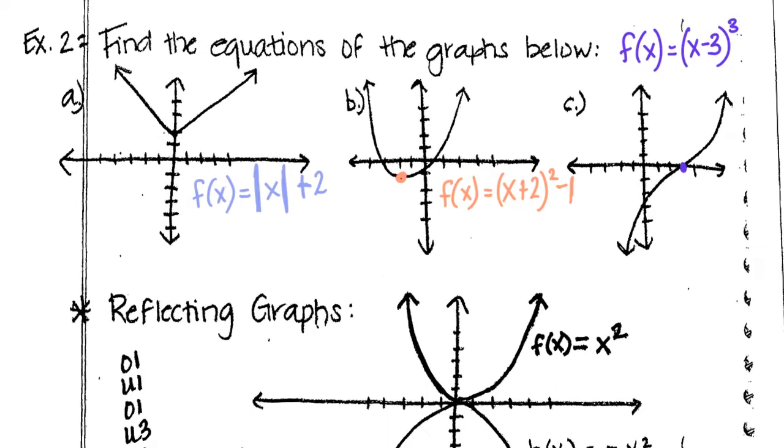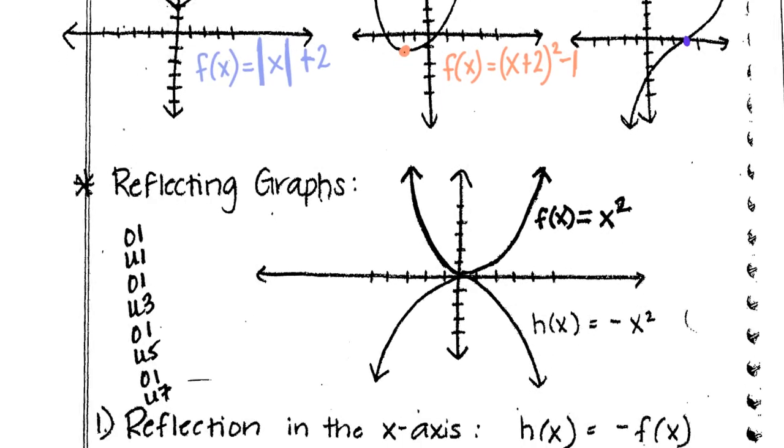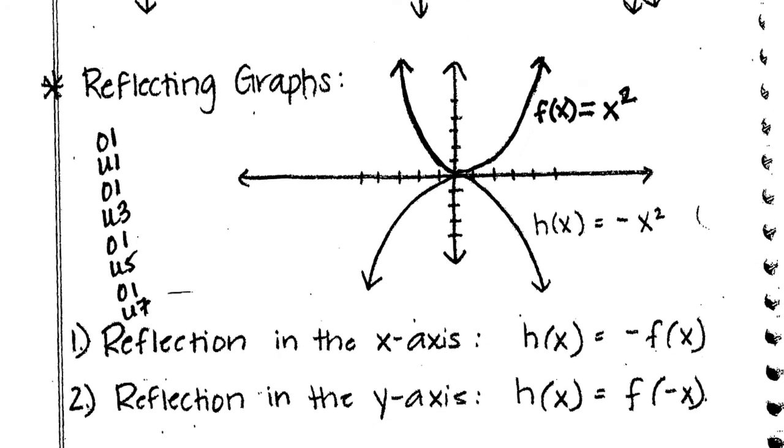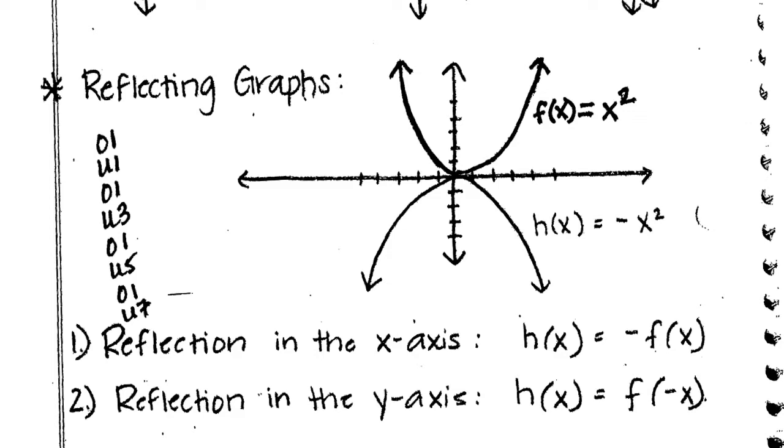All right, moving on to reflecting graphs. Notice I have that pattern, over 1 up 1, over 1 up 3, over 1 up 5, over 1 up 7. Do you think I need you to know this? Yes. Notice if there's a negative on the outside, it reflects over the x-axis. So see how this negative is on the outside here and it reflects over the x-axis?